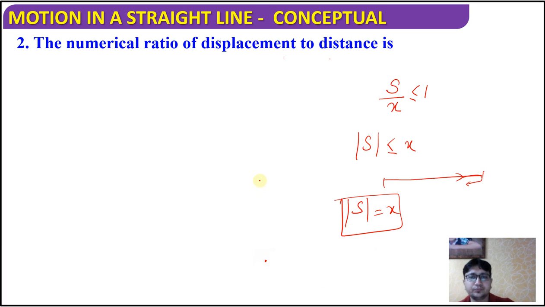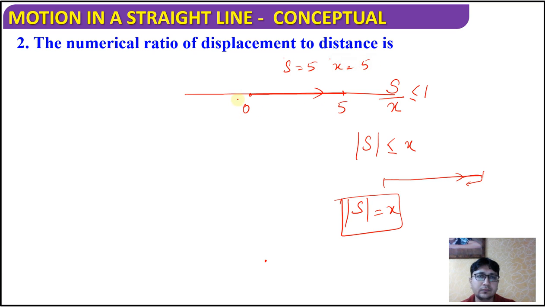Let's take one example so you can understand. Suppose from O a body moves 5 meter. So displacement is 5 and distance is also 5. Let's say from O to A, it returned back to B, which is 2 meters from this position.